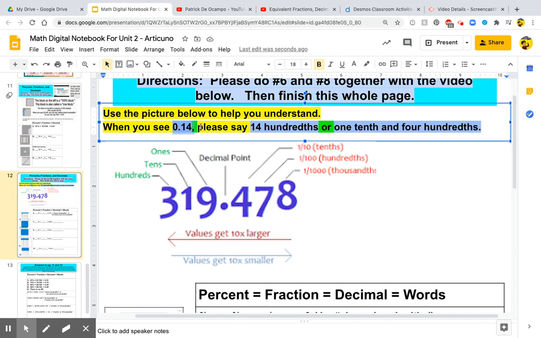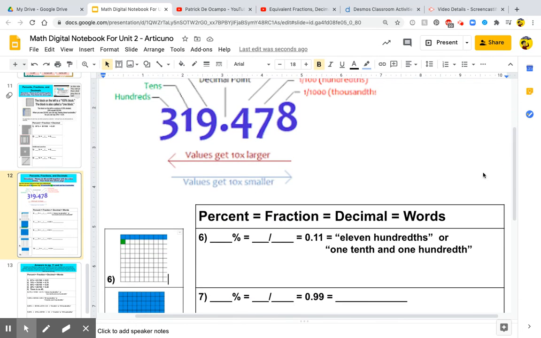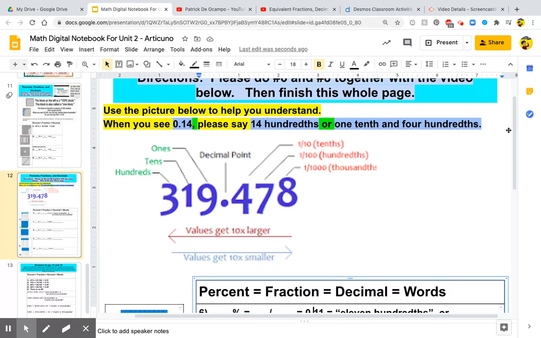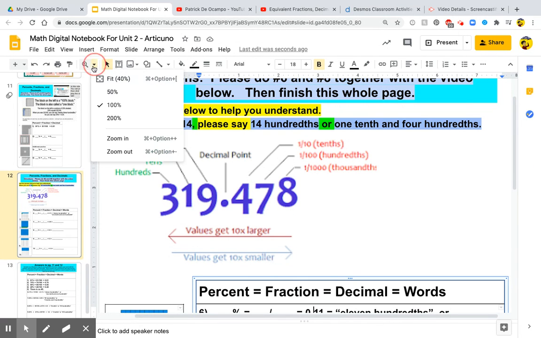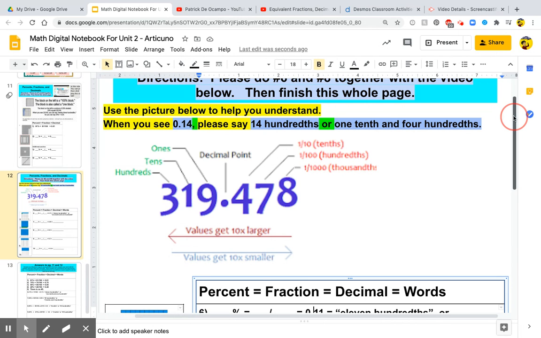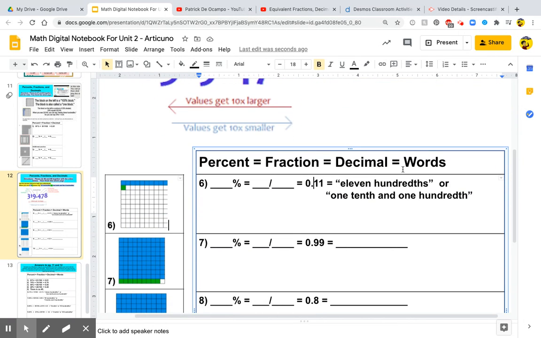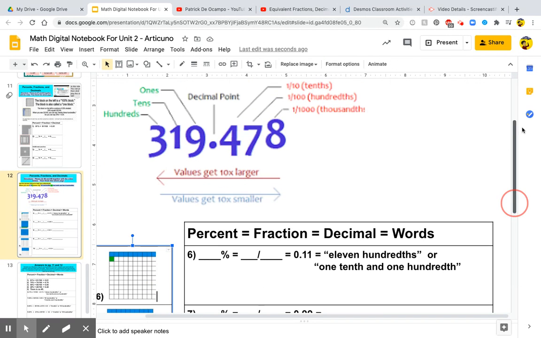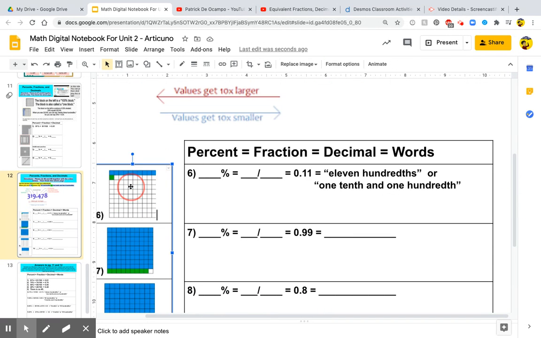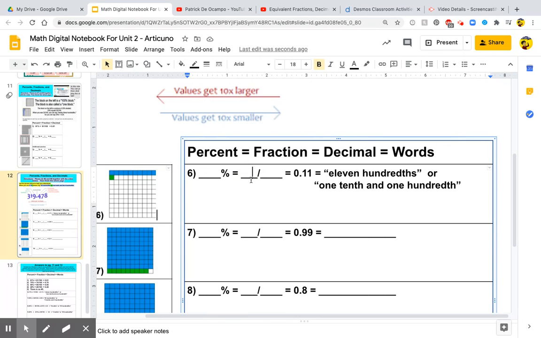Being able to say these decimals instead of just saying 0.14 is going to help you change decimals to other forms, which is what we're trying to do on this worksheet, okay? All right, now let's practice 2 problems together. I bet you might be able to just look at this picture and fill these out. It's pretty awesome if you can, okay?